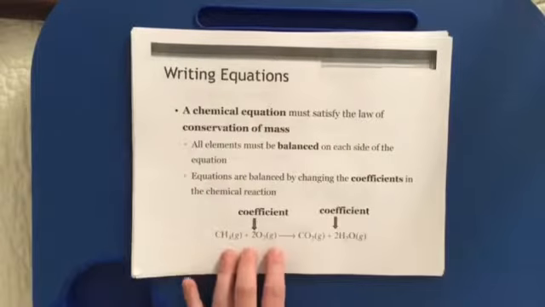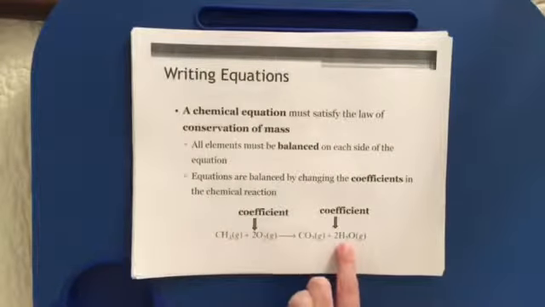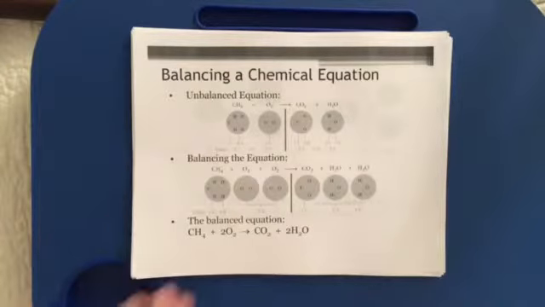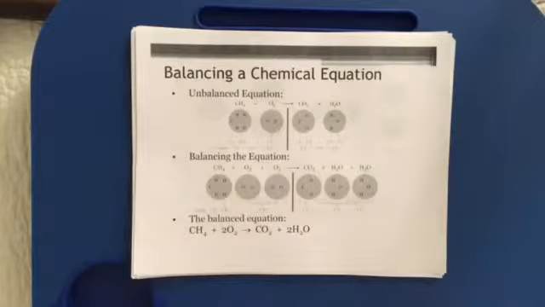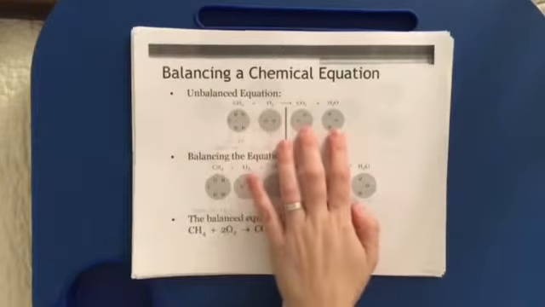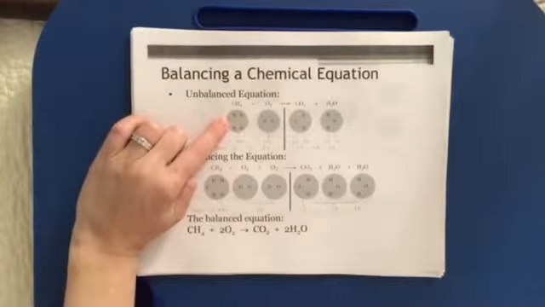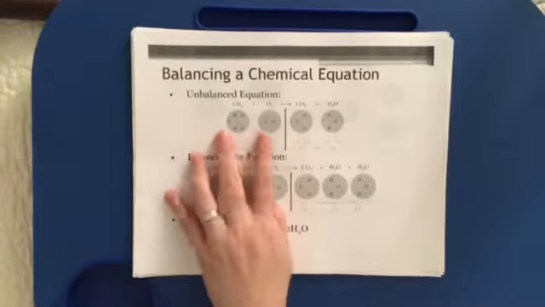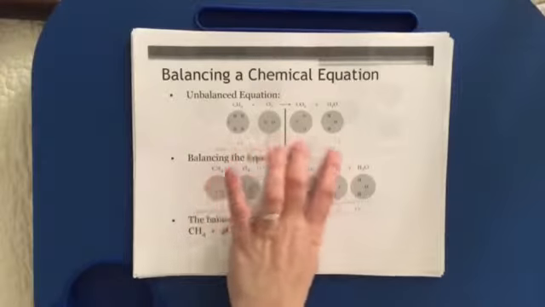So here you can see that we use coefficients in order to balance it. And you can see that with this picture here. You can see the unbalanced equation, how many carbons we have, how many hydrogens, how many oxygens, and then on the other side. So we can't gain or lose anything.